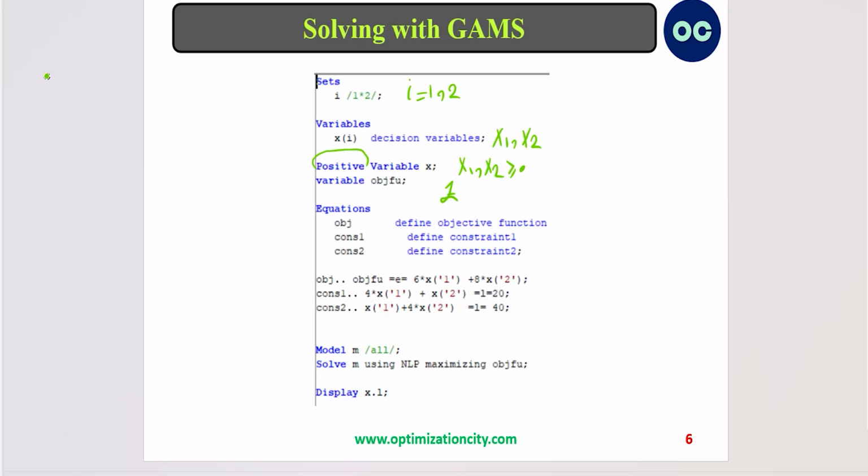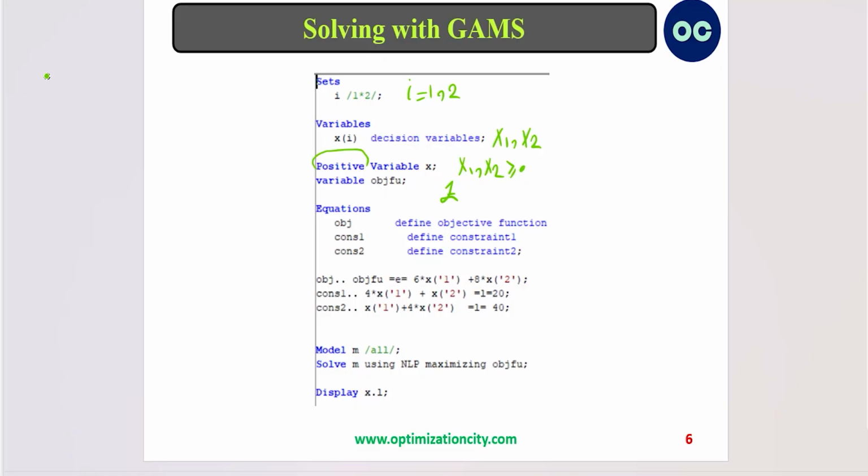We have one objective function and two constraints: obj, cons 1, cons 2 in the equation section. Here, in the equation section, we define the objective function equal to 6x1 plus 8x2, 4x1 plus x2 is less than 20, and x1 plus 4x2 is less than 14.